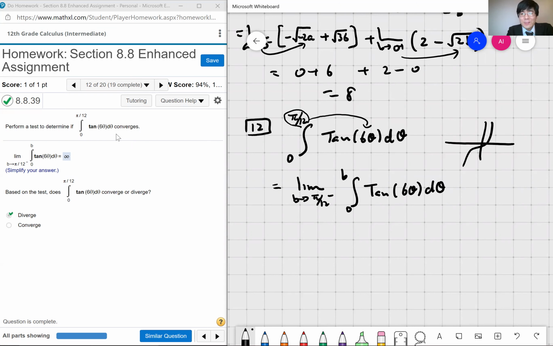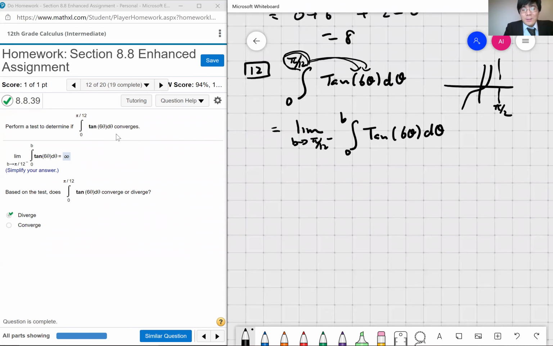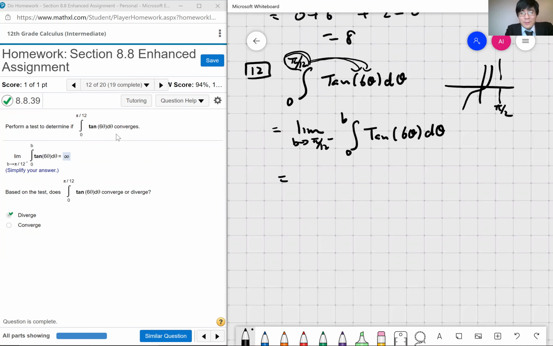Remember, the tangent function is undefined at pi over 2. And when you plug in this one here, you want to get pi over 2. The integral of tangent is good to memorize. It's going to be negative ln of the absolute value of cosine 6 theta, and you have to divide it by 6 by the chain rule.